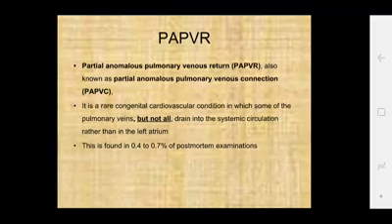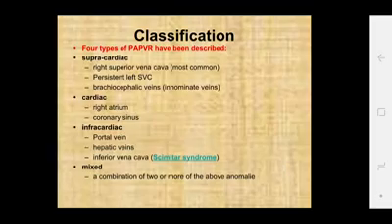Also, it's a rare type, found in 0.4 to 0.7% of postmortem examinations. Sometimes the diagnosis becomes late, even in the third, fourth, fifth decades of life, if it is 1 or 2 vessels. Also, it is classified into 4 types: supracardiac, cardiac, infracardiac, and mixed type.